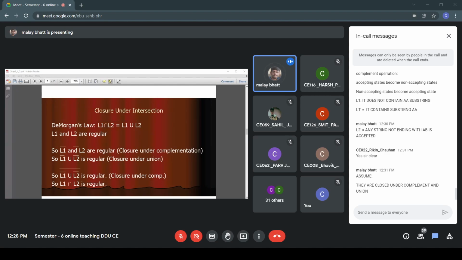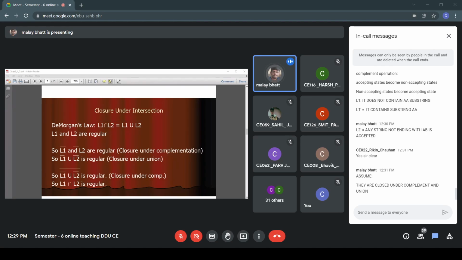That means, if you find the complement of a regular language, it is a regular language, because we can get the automata for it. Similarly, if you perform a union of two regular languages, the output will also be a regular language because we are getting the automata for that language. So this is what we are assuming, that they are closed under complement and union.